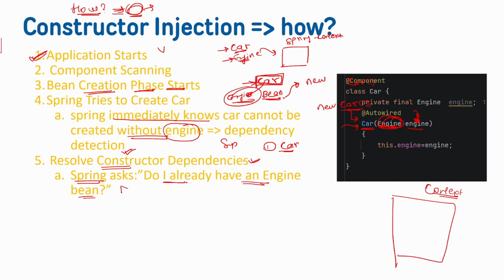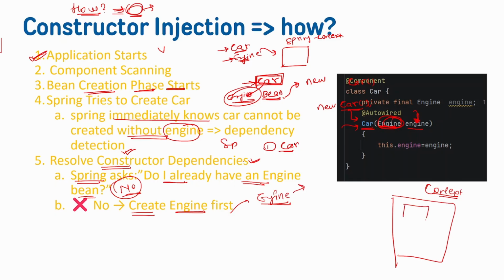The answer is no, I don't have the Engine bean. So first it creates the Engine. Since Engine does not depend on any other bean, Engine is created and added to the Spring context.